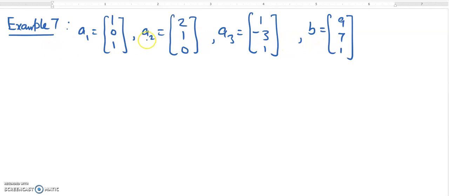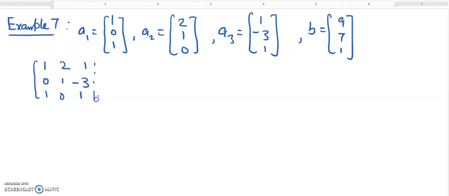Which is the same as solving the system of linear equations represented by these vectors. I think you understand that if I write it as an augmented matrix, we can apply the method of elimination, Gauss elimination, or any method if it is easier.